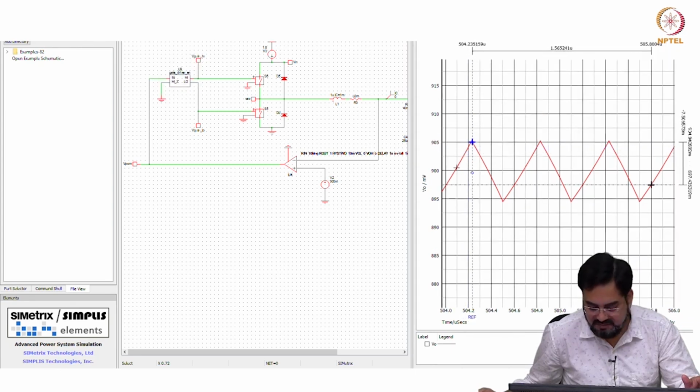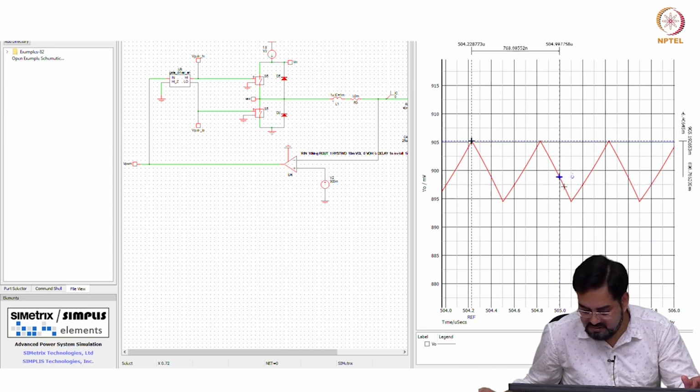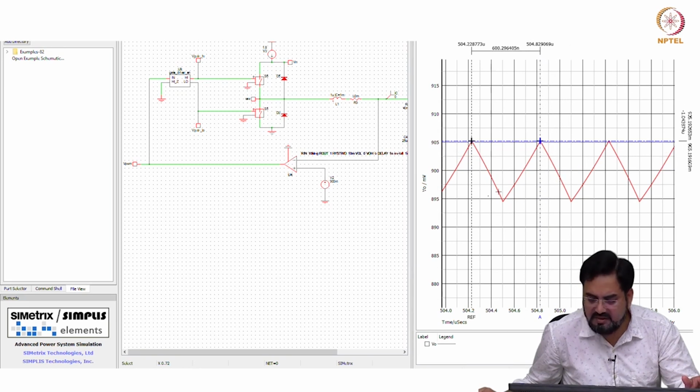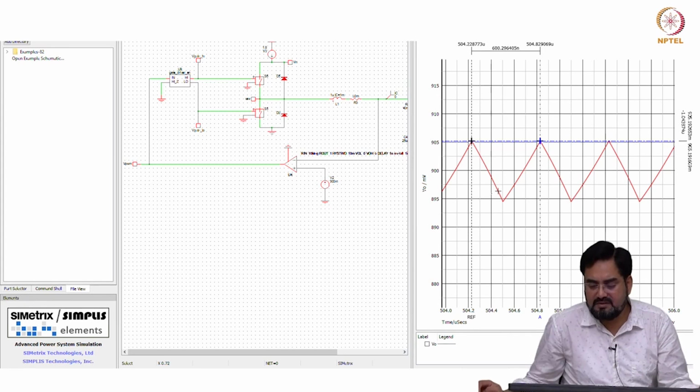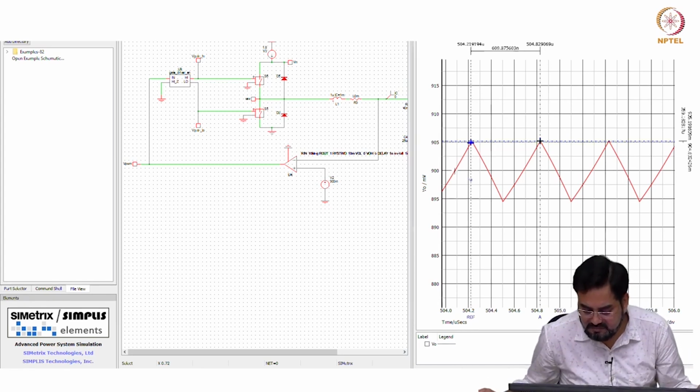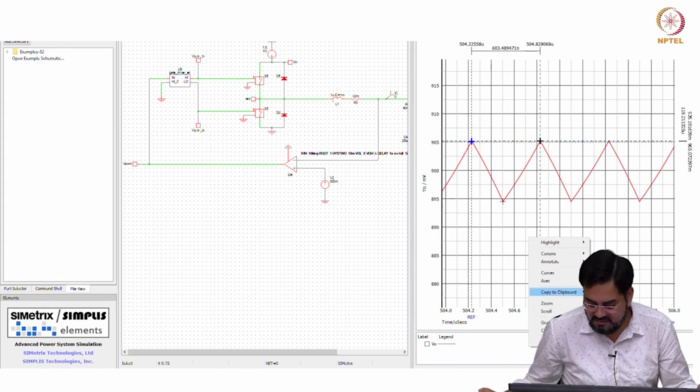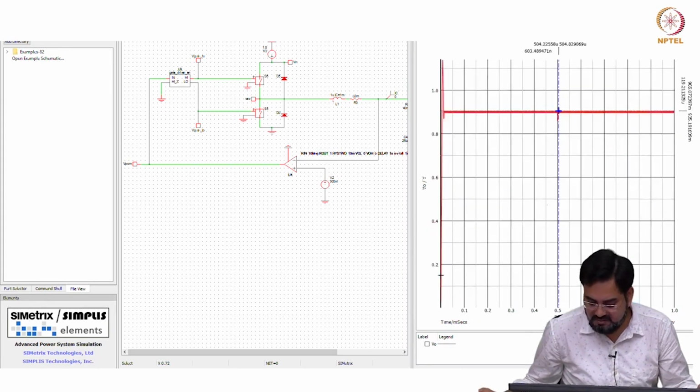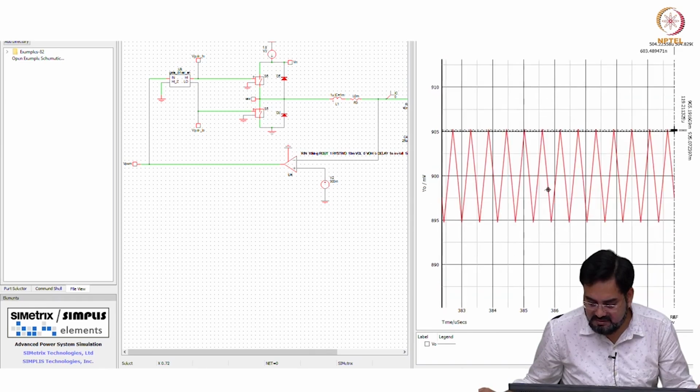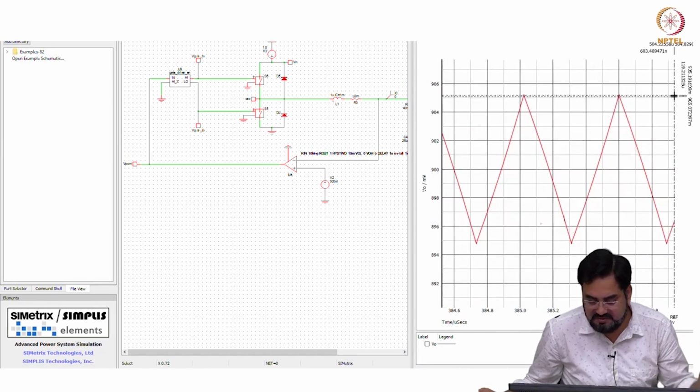So it should be 500 nano. Where is the other cursor? Why is it coming 600 nano? 600 nano is how much? 1.16. Okay, wait. Let's measure here. I think duty cycle is changed there because we have applied the load.